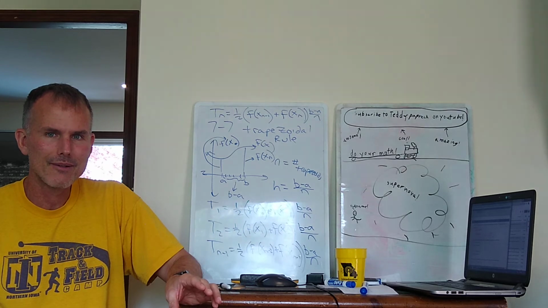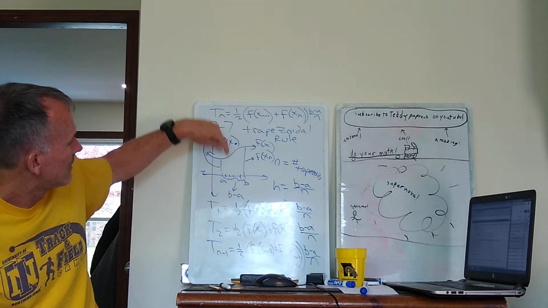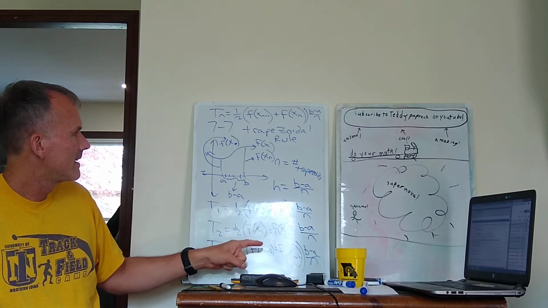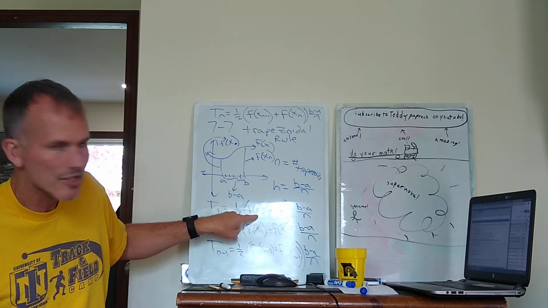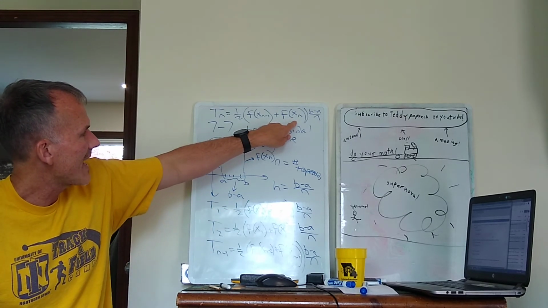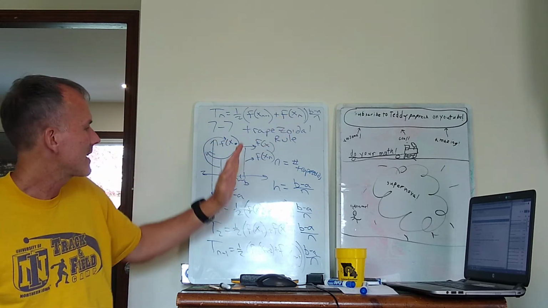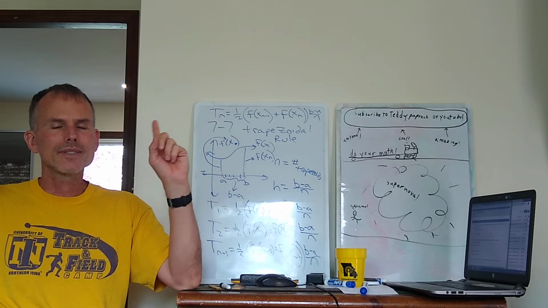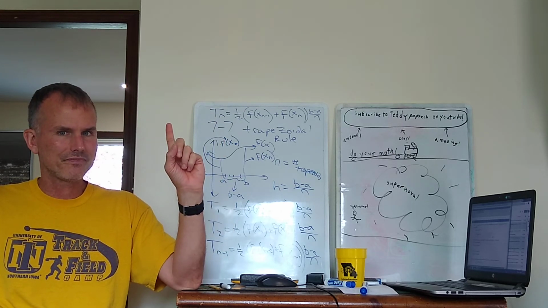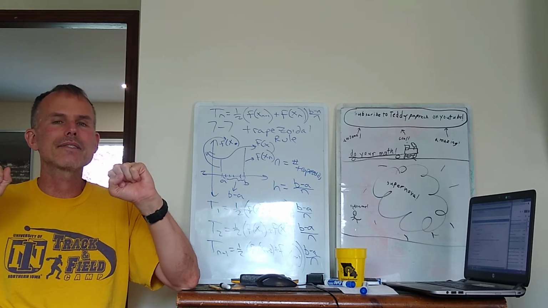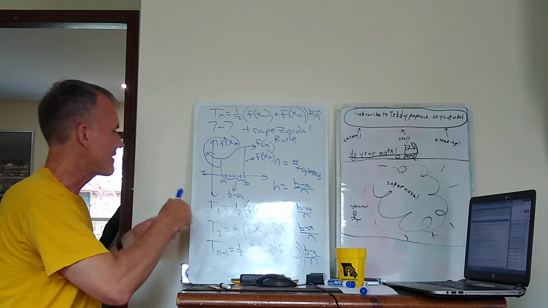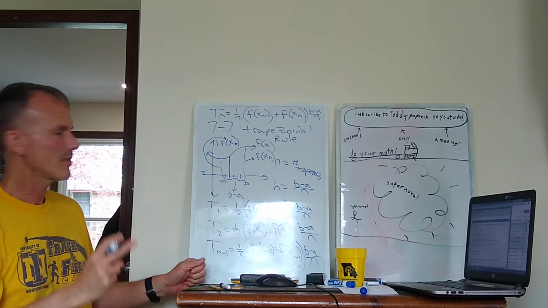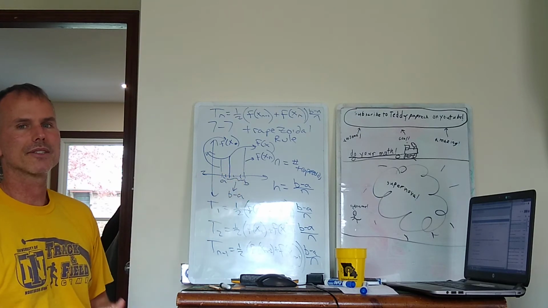Essentially, every single vertical base gets used twice, here and here, except the very first base, f of x sub 0, and the very last base, f of x sub n, because both of those bases, the bases on the very edges of the total interval, are only part of one trapezoid each. Every other vertical base, like this one right here, is part of two different trapezoids: the one immediately to its left and the one immediately to its right.